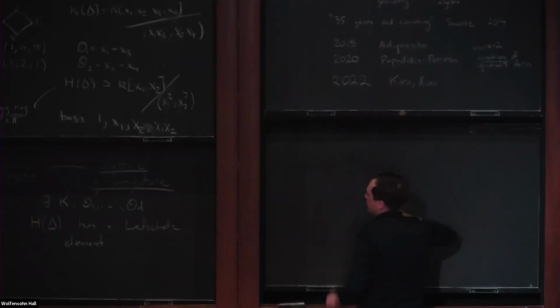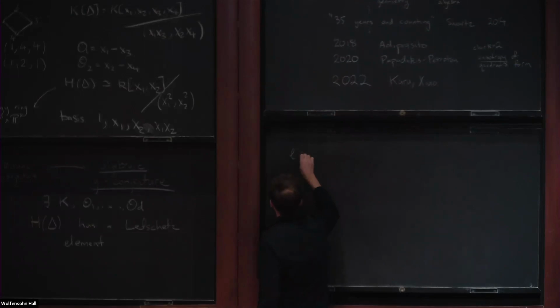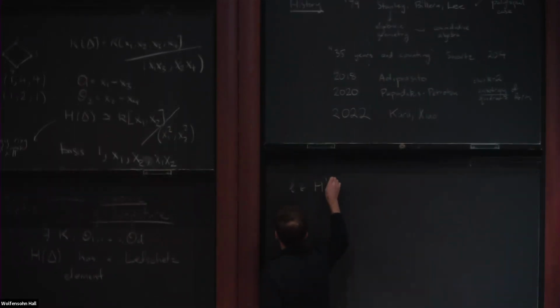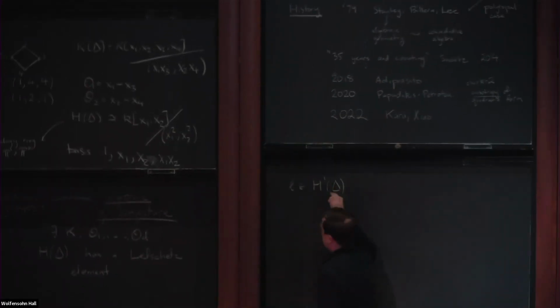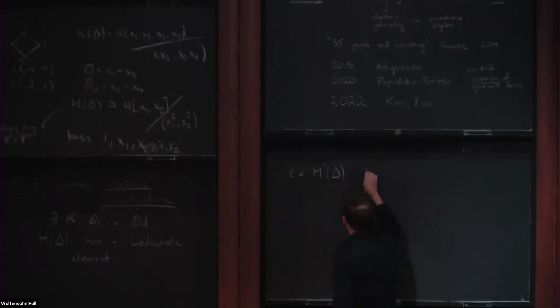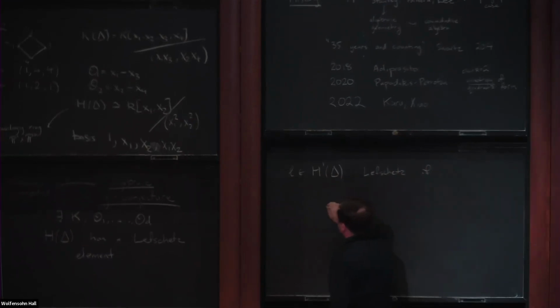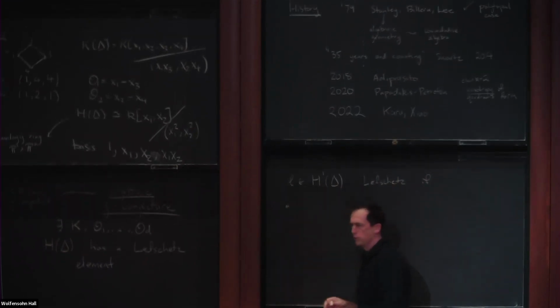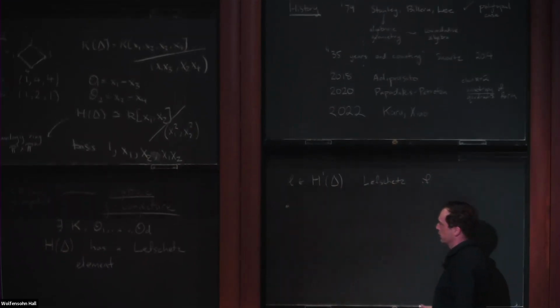Okay, and what does that mean? An element, a linear element, so an element in degree 1, is called Lefschetz if there's two different ways of saying it. There's the non-confusing way and the confusing way. So I'll start with the non-confusing way and then try to confuse you.